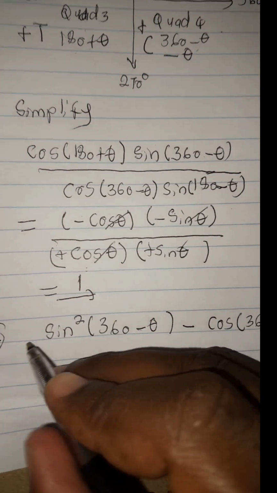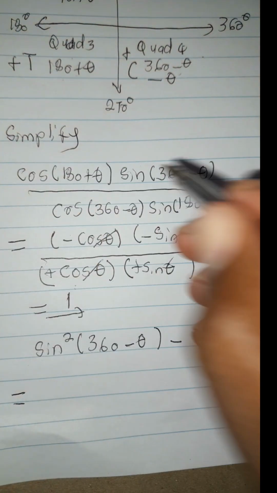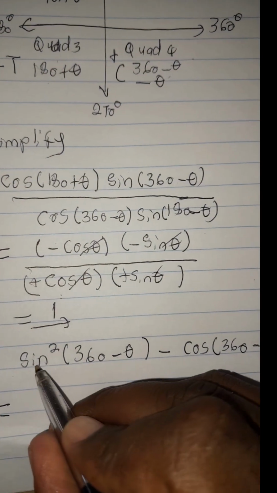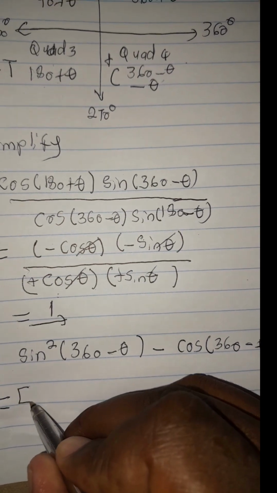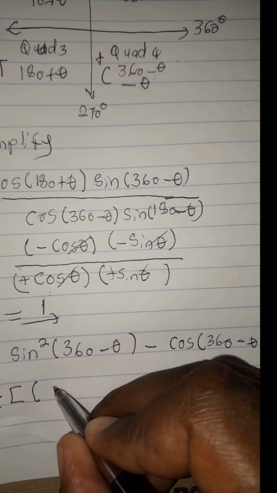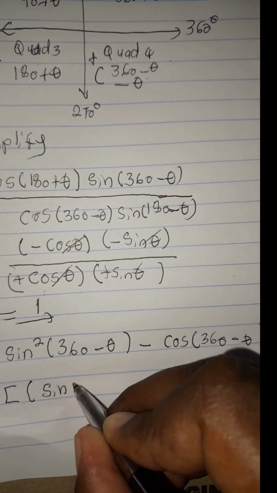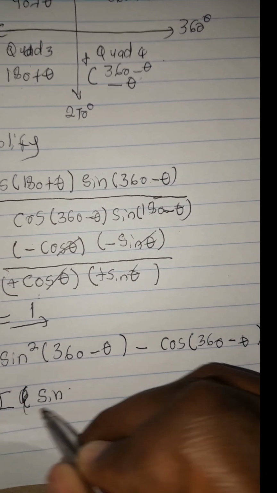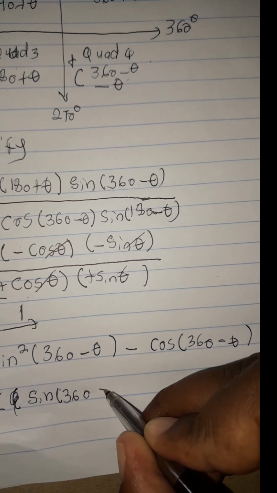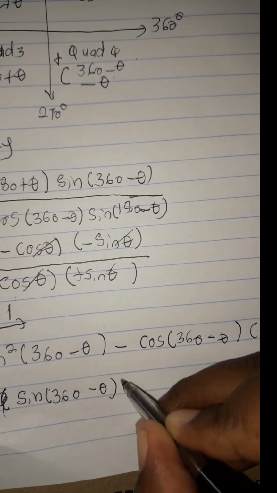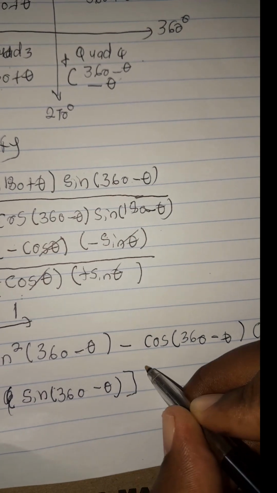Right, let's start with the first part here. We are required to simplify. First thing first, when you're given sine squared, you factor out. Let's open up a bigger bracket here. So we are going to have sine(360 minus theta) in a bigger bracket, then we square.